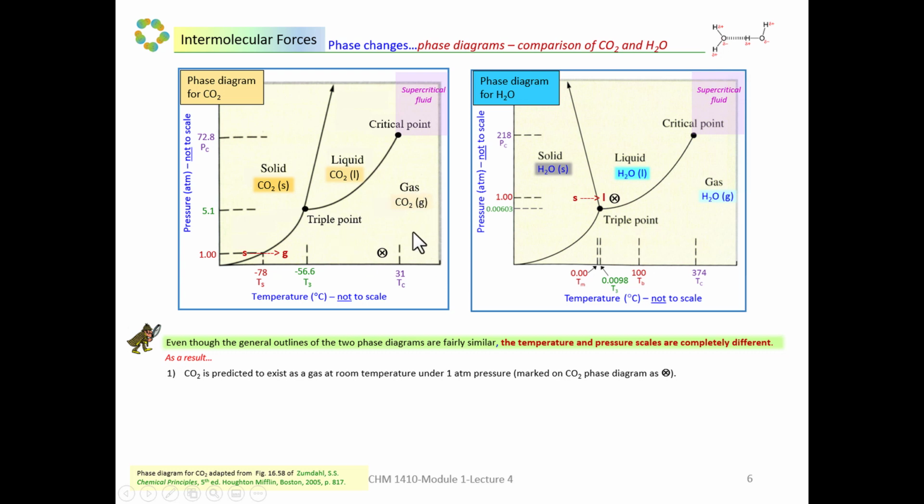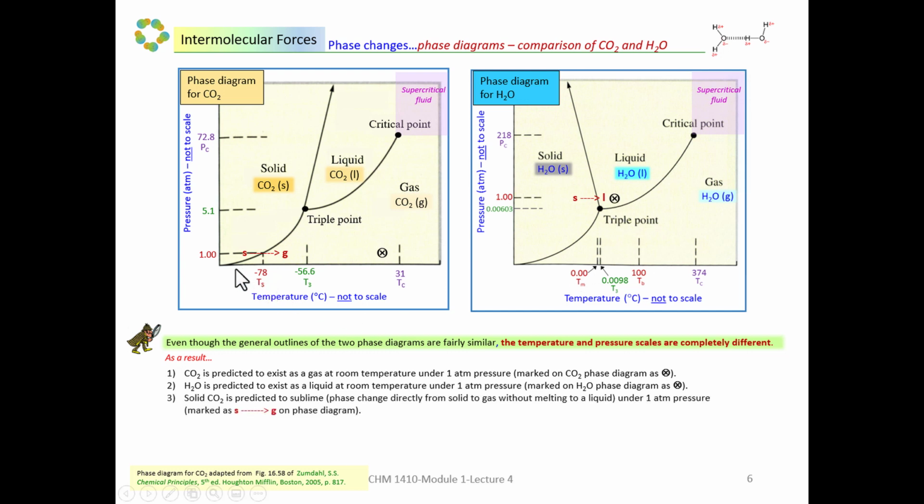That's consistent with our everyday experience. However, under the same conditions, water at 1 atmosphere and room temperature is predicted to exist as a liquid. And we know that to be true according to our own experience.